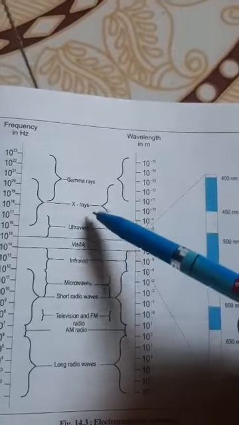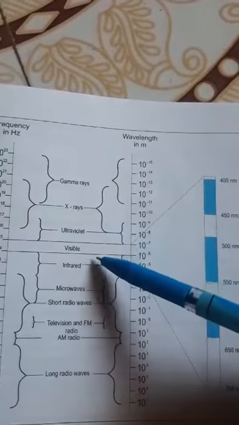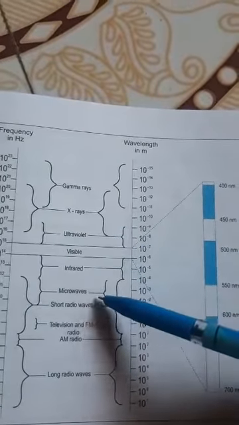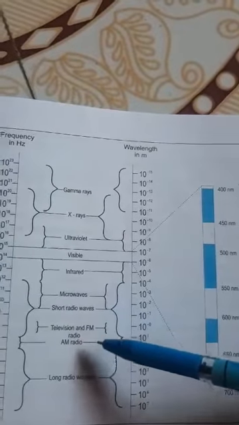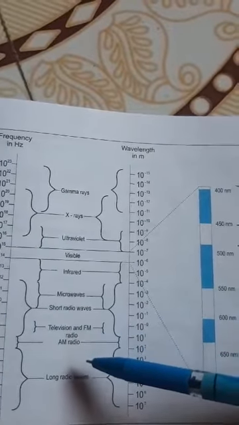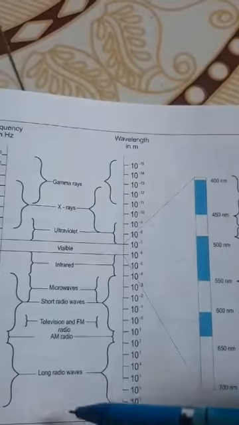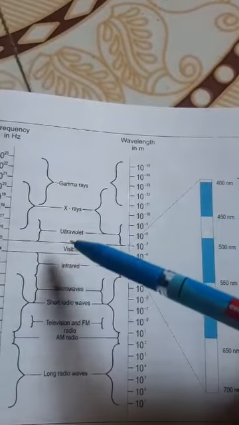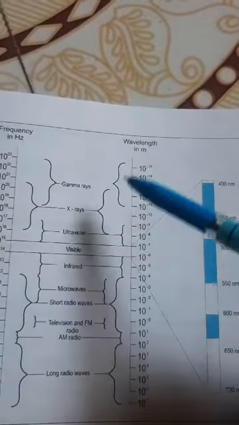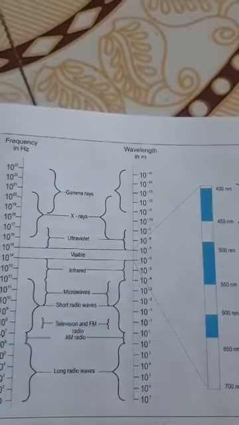Gamma rays, X-rays, ultraviolet, visible, infrared, microwave, short radio waves, television and FM radio, AM radio waves, long radio waves. These are the components of the electromagnetic spectrum.